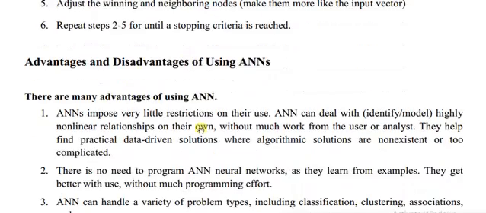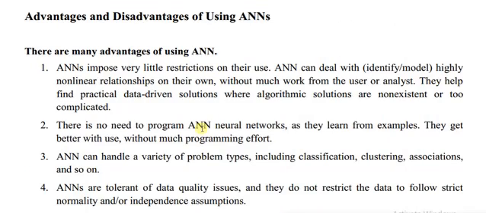Coming to the advantages and disadvantages of artificial neural networks. Artificial neural networks have a lot of advantages, but they also have some limitations. Now coming to the advantages. Artificial neural networks impose very little restriction on their use.